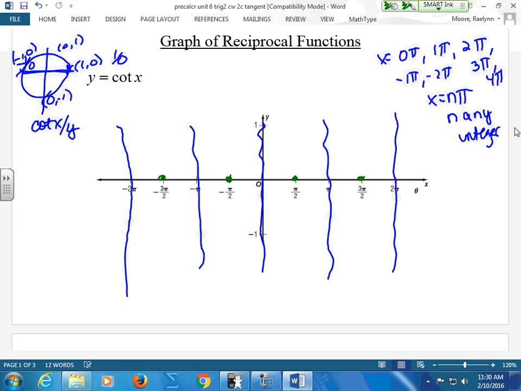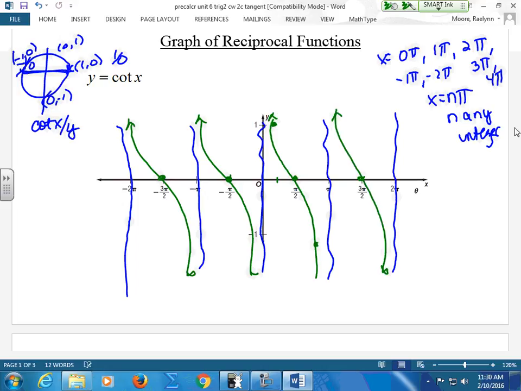So here's my 45, there's my cotangent, there's my point in quadrant 2. So my cotangent curve goes like this. Okay? It's looking like this. It shifts the opposite way of a tangent, and it has different asymptotes.